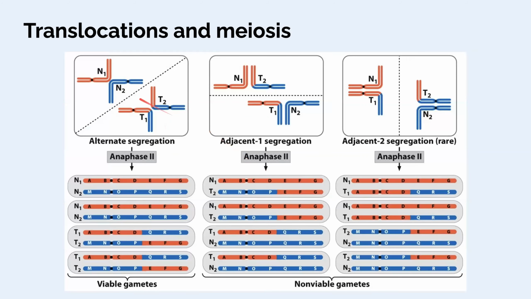So this one can get you two normals in the same cell. This goes ahead and gets you a functioning normal gamete, a translocated gamete with okay dosage, and a translocated gamete with okay dosage. These are the ones that are called viable. Everything in this column here has a normal number of all the genes that are represented.